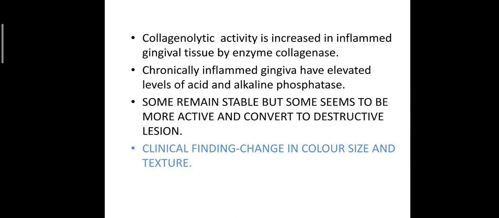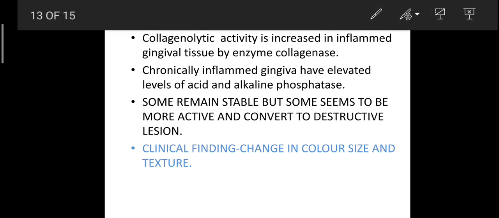The collagenolytic activity is also increased in inflamed gingival tissue by the enzyme collagenase. So the enzyme collagenase is working here, and collagenolytic means the degradation of collagen starts occurring. Now chronically inflamed gingiva have elevated levels of acid and alkaline phosphatase.